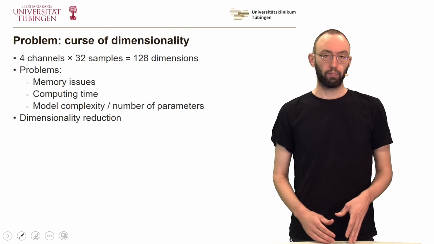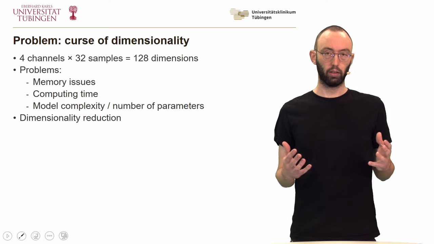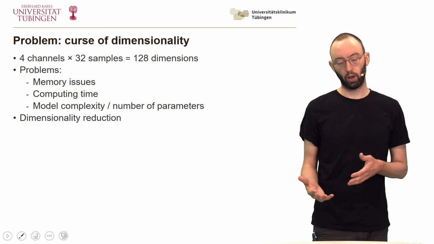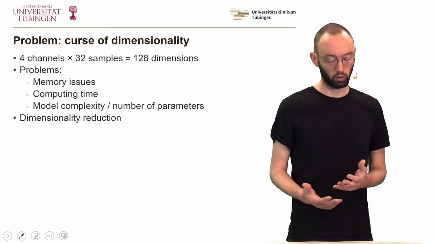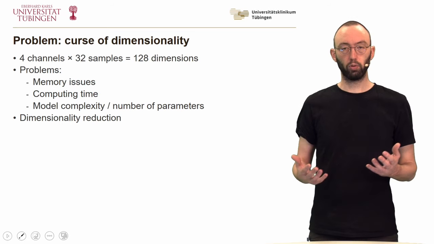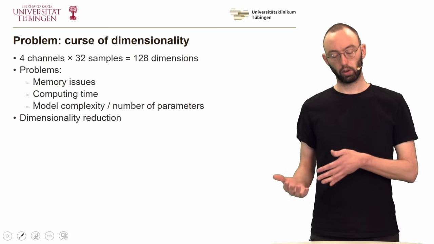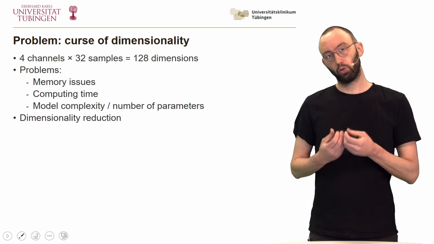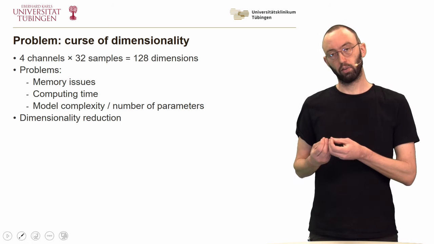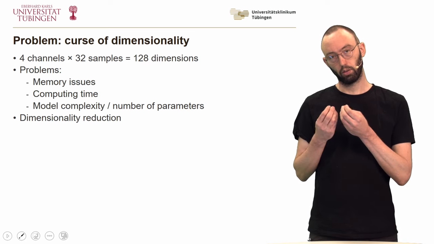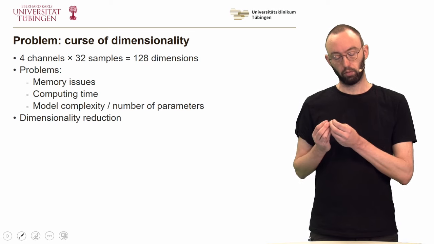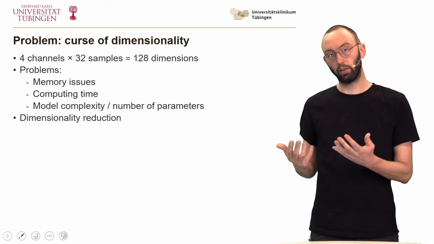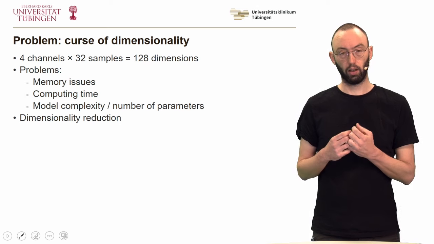Why do we do that? If we take the full data that we have, so in our case it's 4 channels times 32 samples, that would be 128 dimensions. And depending on your computer, you could run into memory issues, the computing takes longer, but importantly, the model that you have to use to model or cluster the data becomes very complex, and the number of parameters grows a lot, quadratically in the number of features in many cases.